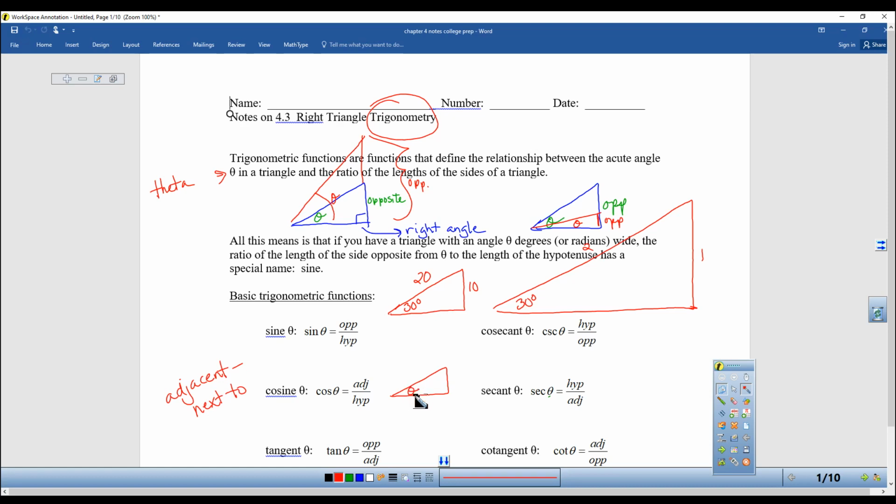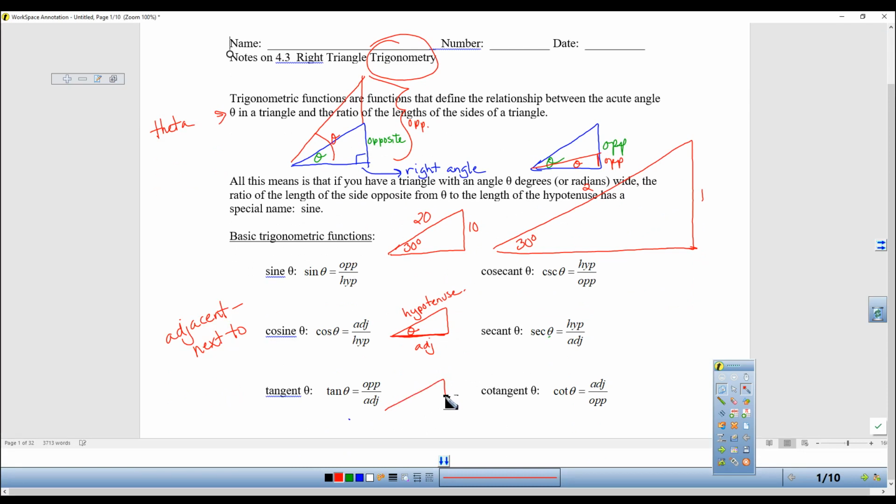So if here's your theta, this is the side that is next to the angle. And this one is always the hypotenuse. Hopefully you remember that from geometry. I guess I didn't review that. And then this one's called the opposite. So it's opposite the theta. But the one that we want to deal with for cosine is adjacent over hypotenuse.